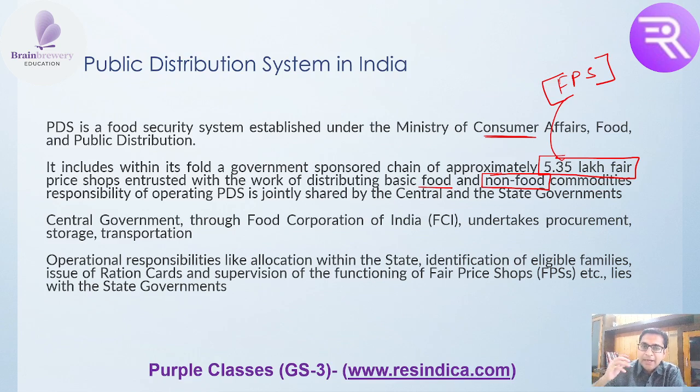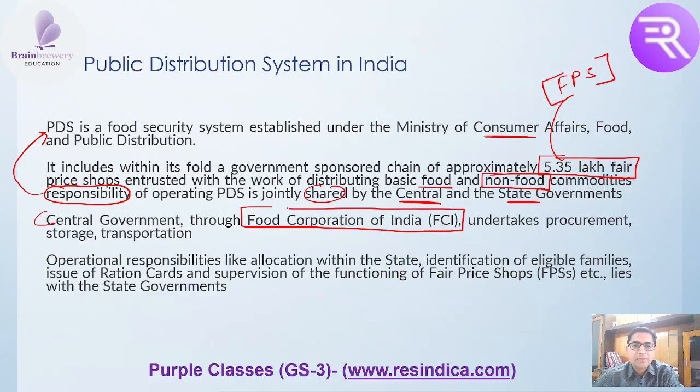The responsibility of running the PDS system is jointly shared by both the central government and the state government. From the central government side, we have the Food Corporation of India, the main body which procures and transports the food, with the task of procurement, storage, and transportation.